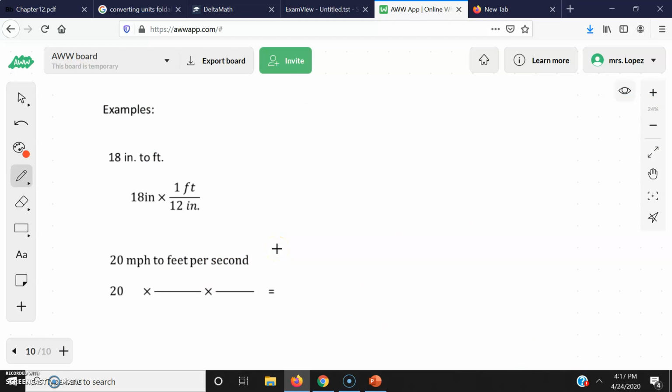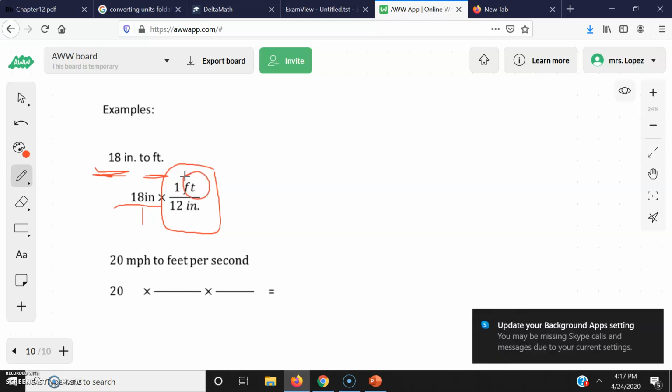Let's look at other examples. They are giving me 18 inches. I need feet. Okay, multiply by the fraction. You have inches in the numerator, you put them in the denominator. You want feet, that goes in the numerator. And then we need to multiply.